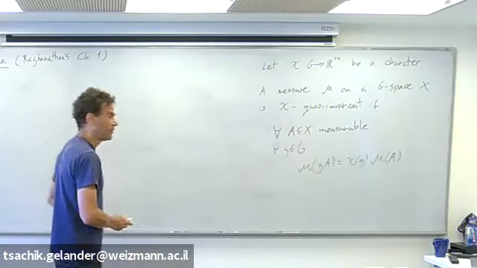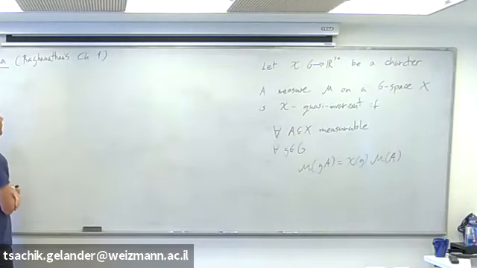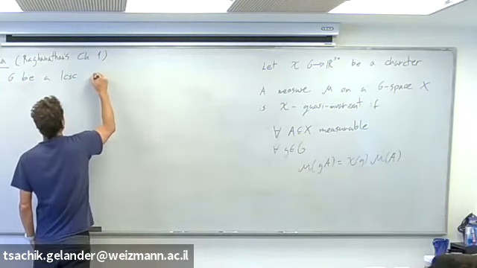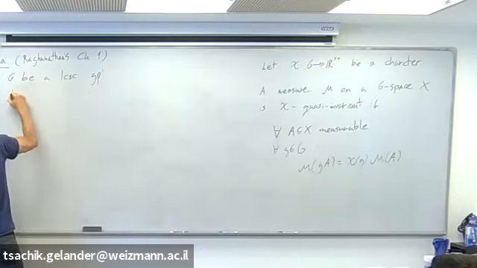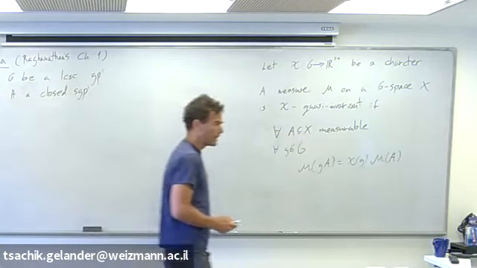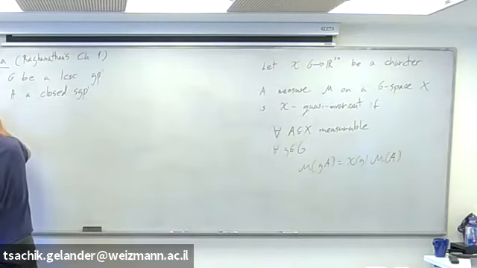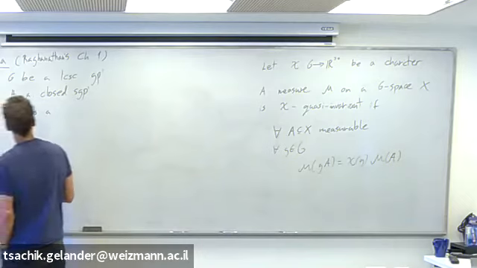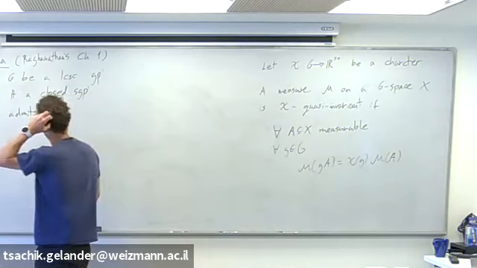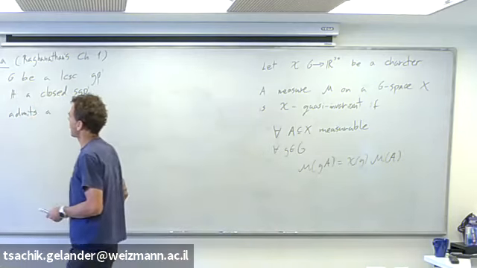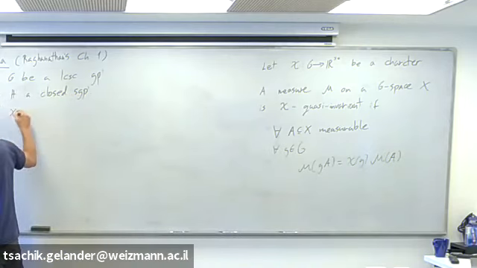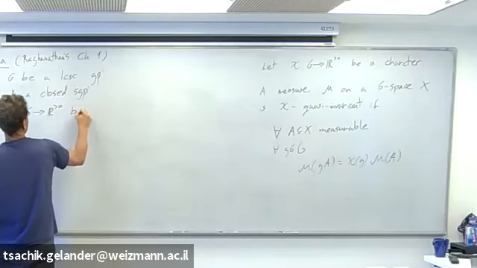But there are many other nice things about lattices. So about lattices: let G be a locally compact group, and H a closed subgroup. Then, let chi on G be a character.